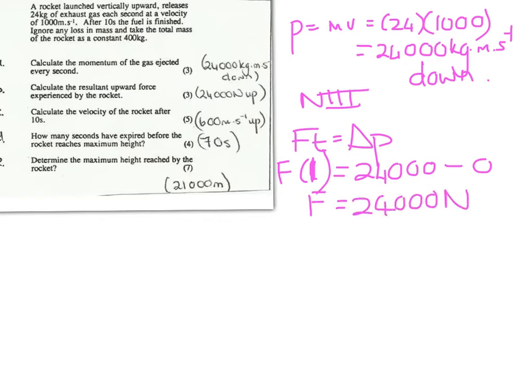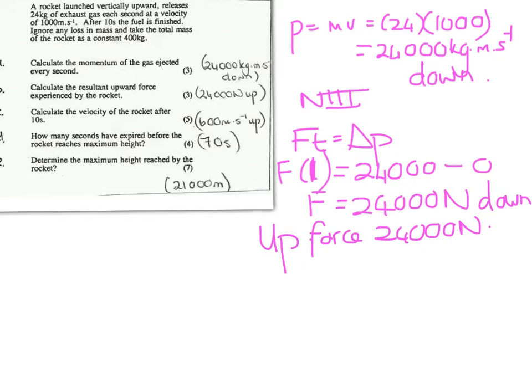You can't just take kilogram meters per second and turn it into newtons. You need to show me these pieces of information that make that conversion. So that would be the downward force of the rocket's gas, and therefore the upward force is also equal to 24,000 newtons.